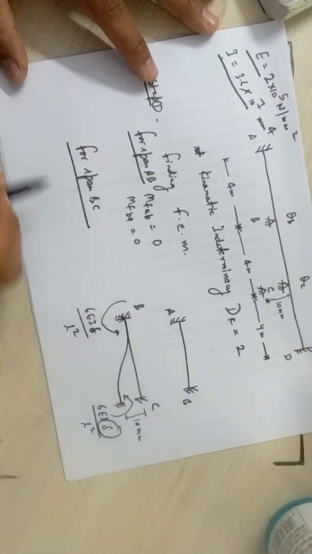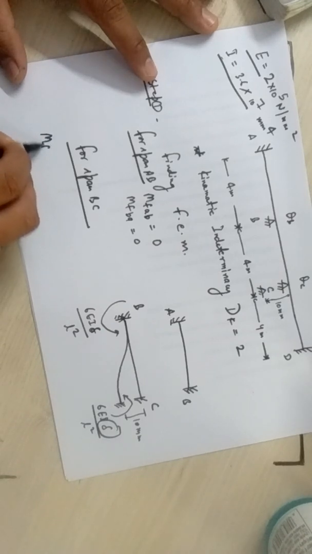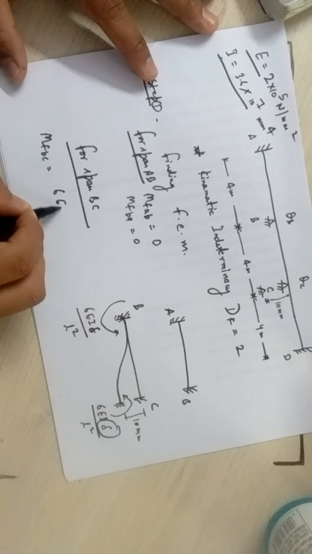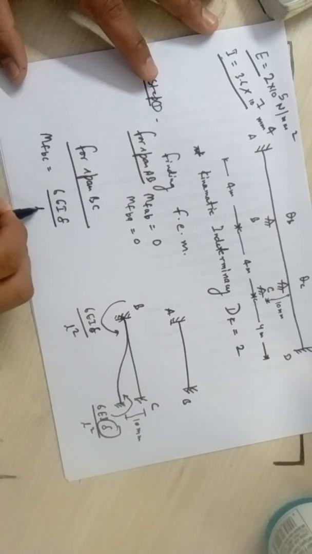So MFBC will be 6 EI delta upon L square.